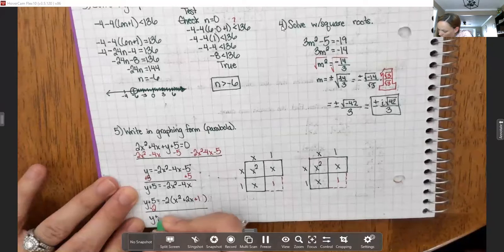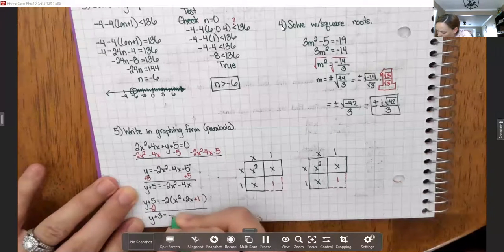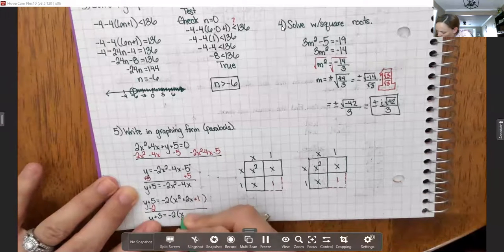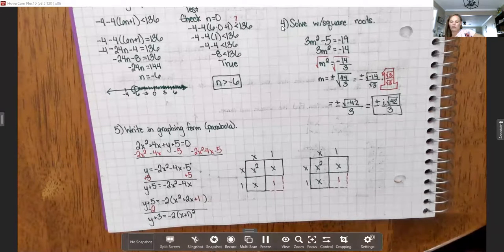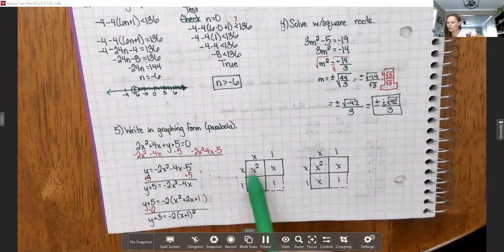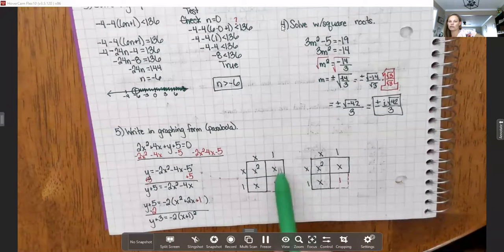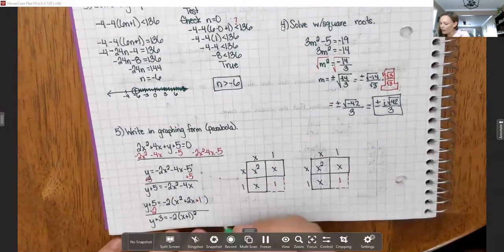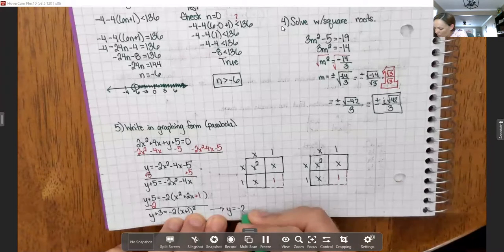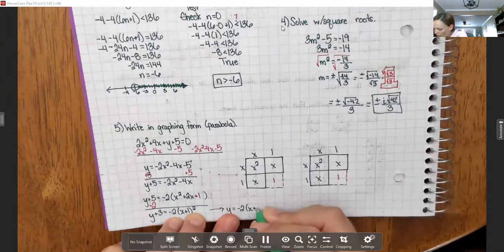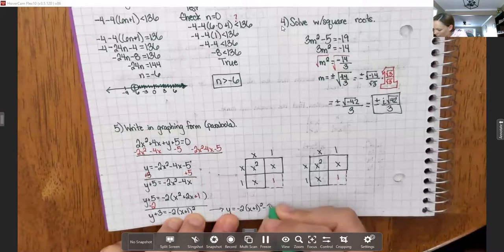So y plus 3 equals -2 times x plus 1 squared. The reason we added 1 was to write it as the outside of the box. Then last step, subtract 3 on both sides. So y equals -2 times x plus 1 squared minus 3.